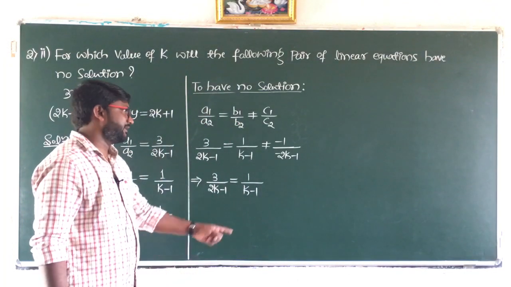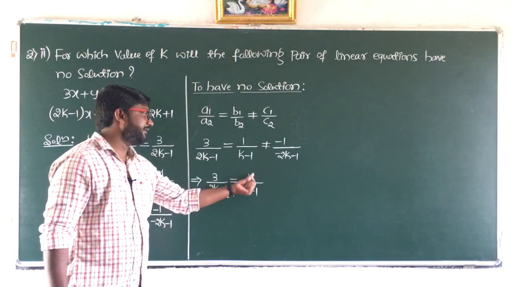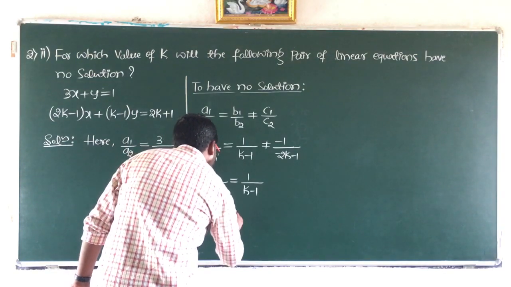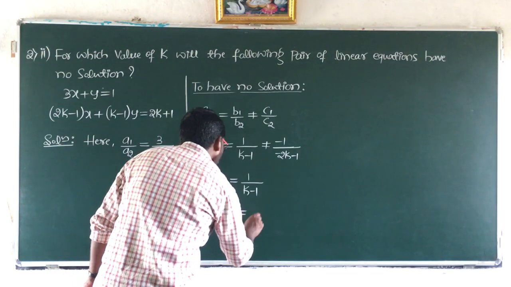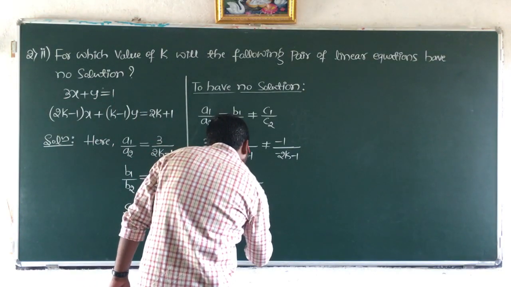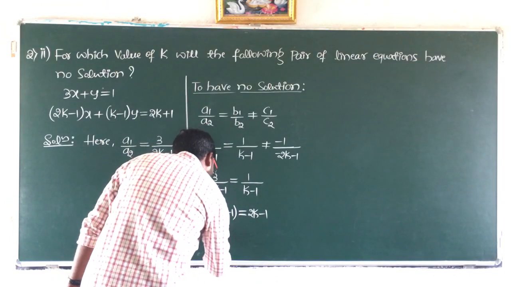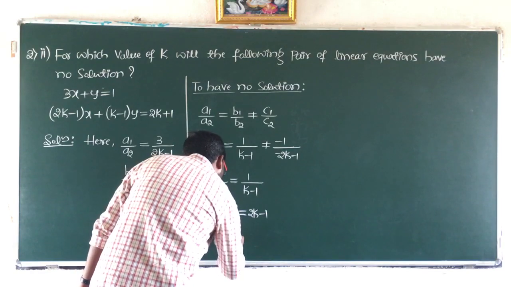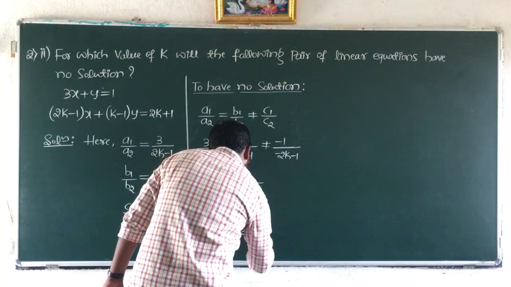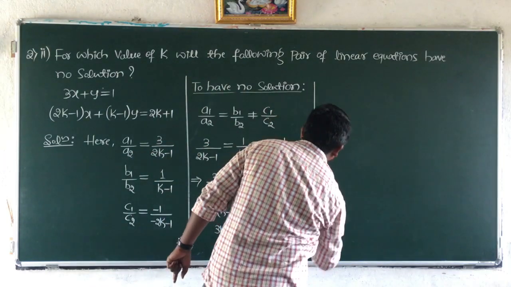Go for the cross multiplication. k minus 1 will be multiplied with 3, then 2k minus 1 will be multiplied with 1. 3 into k minus 1 is equal to 2k minus 1. Now multiply 3 with these two terms. We get 3k minus 3 is equal to 2k minus 1. So rearrange the terms in there.